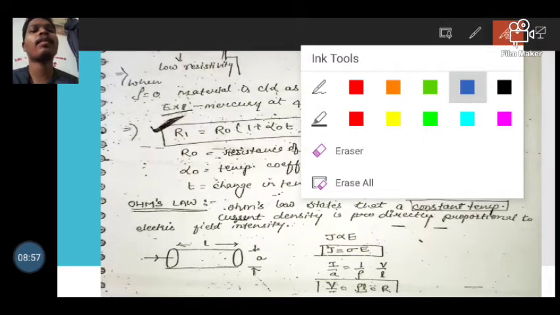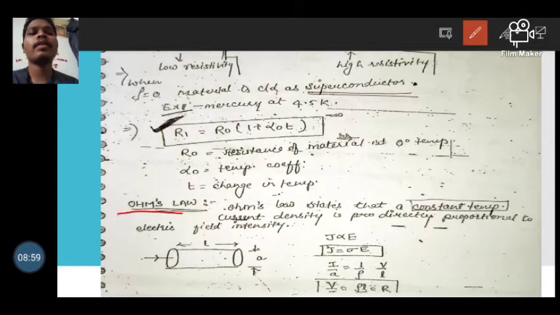Now come to Ohm's law. This Ohm's law is very important from your exam perspective. Please remember this Ohm's law so that you will be able to answer the questions if the examiner asks.